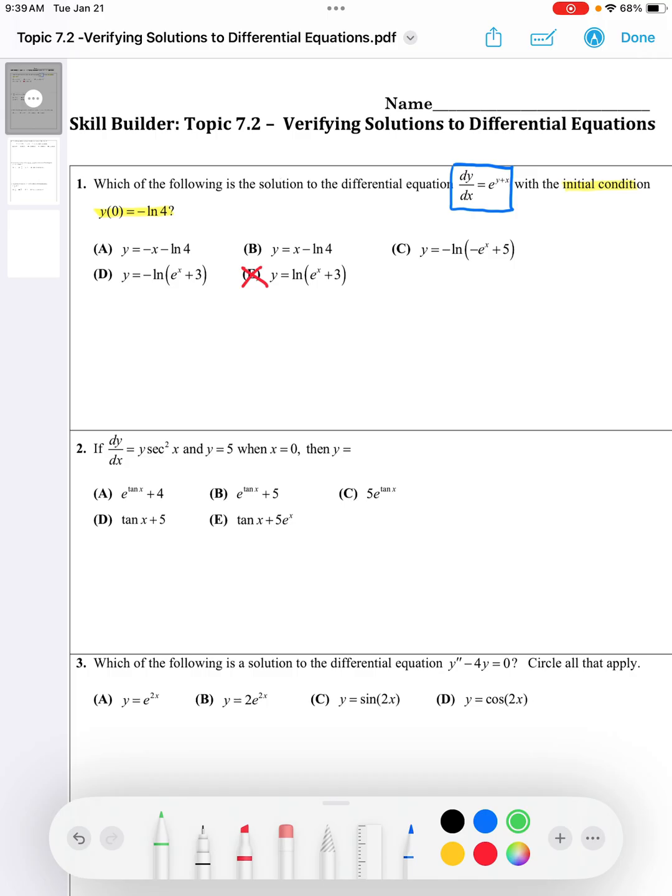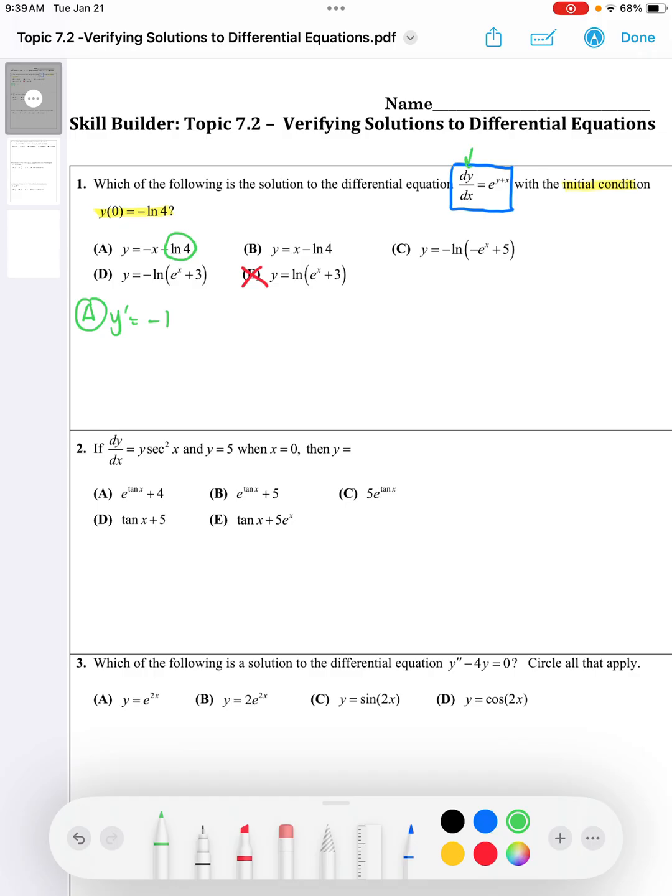All right, and then we're just going to look to see which one of these is the solution to this differential equation. So we have to start off by taking the derivative. The derivative of the first one: the derivative of negative x is negative 1, and the derivative of the natural log of 4, well, that's just a number, so that is 0.